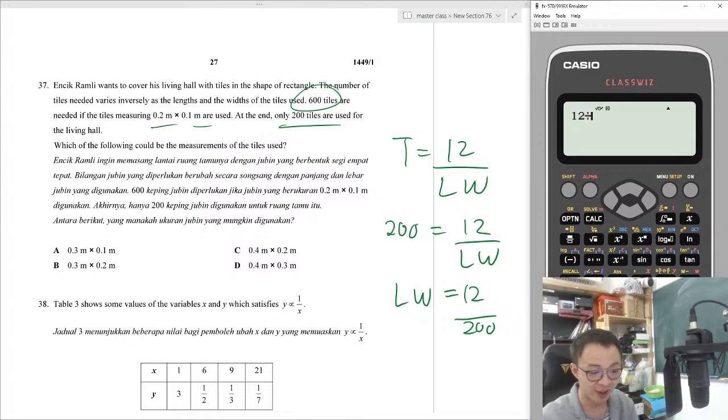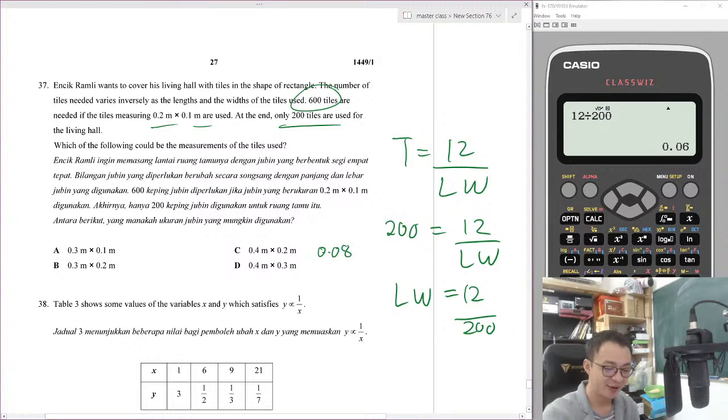So 12 divided by 200, it's about 0.06. Then I want to see which of the answers, if multiplied, I will get 0.06. So this is 0.08, definitely wrong. 1.2 wrong. Answer is B. Because this is the only one where you will get 0.06. Okay, get it?